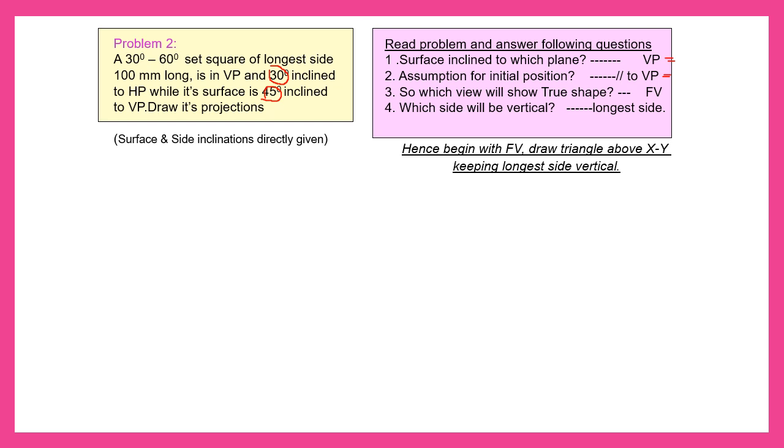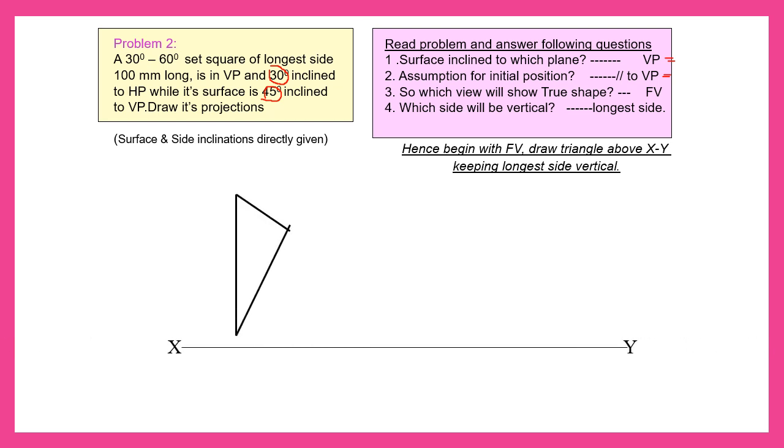In front view you will see the triangle, and the top view will be a line. Now the surface is inclined to VP, and the inclination is given as 45 degree.